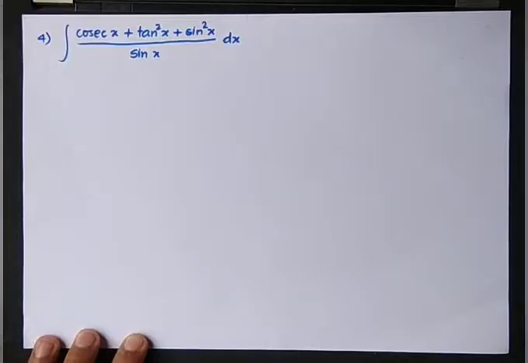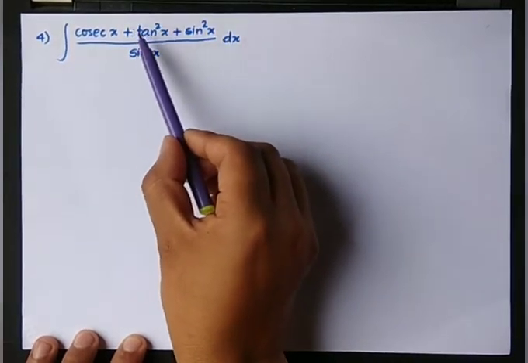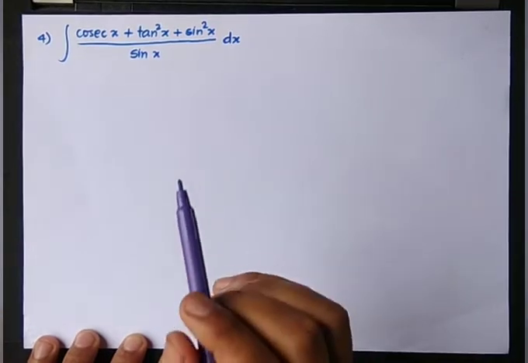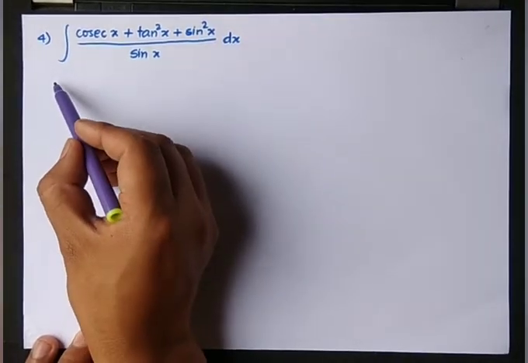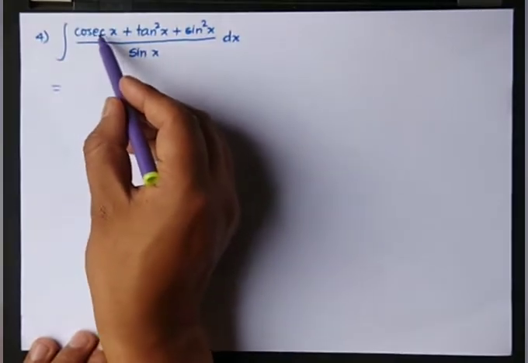Okay, let's have a look at this question. Whenever we have got this kind of stuff given, that means only a single term in the denominator and many terms in the numerator, then you have to follow the technique which I am going to follow right now. What we are going to do here is distribute this sin to each and every term.